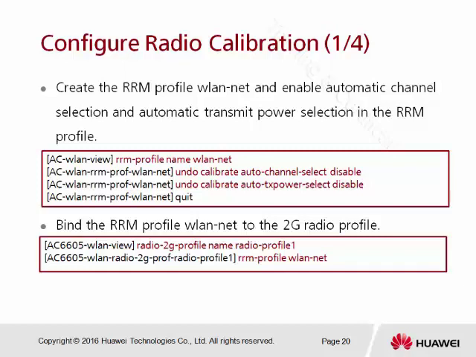So if you want to turn it on, we use the command called undo. You can see the command undo calibrate auto-channel-select disable means I'm now going to enable this feature. The same goes for the auto transmit power: by default it's already disabled, so when we want to enable it, we use the undo command.